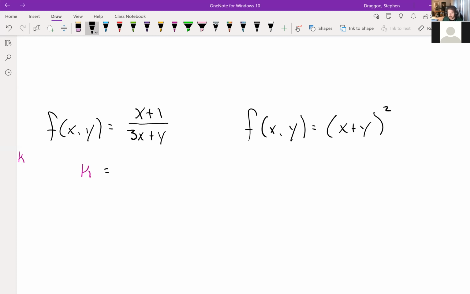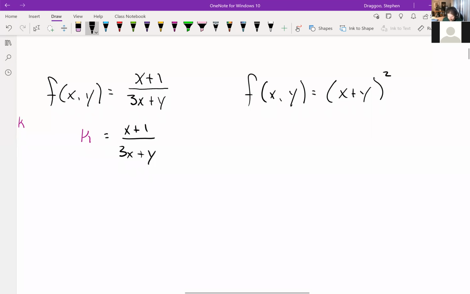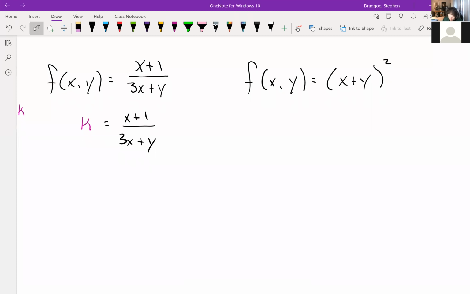I could leave it as z, just get some equation like y equals something in terms of x and know that z is a constant. But I want to do some fancy math on all of this. So k equals x plus 1 over 3x plus y. Figure out what these level curves look like.